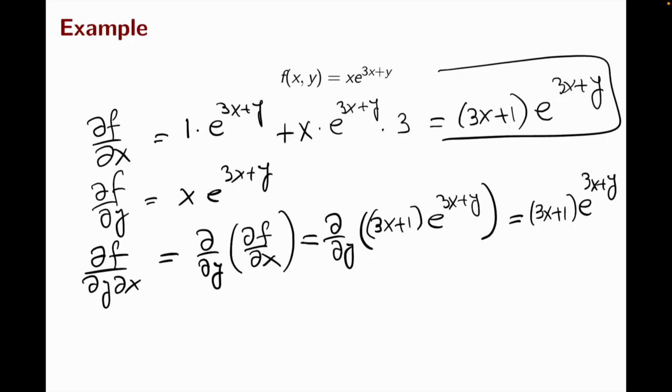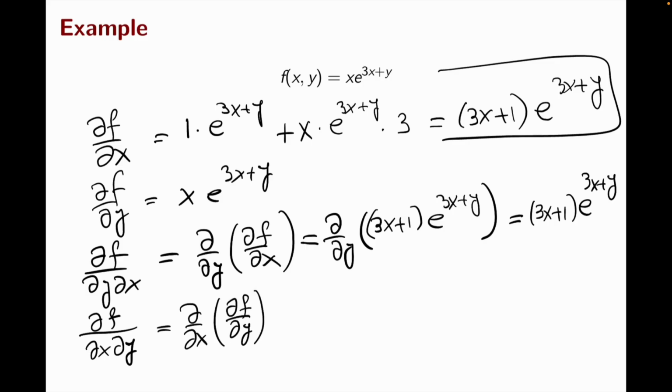Let's calculate the second derivative in the other order, the derivative of f with respect to x with respect to y. So this is going to be the derivative with respect to x of the derivative with respect to y, and the derivative with respect to y is this one. So we are going to write x e to the 3x plus y. And we are doing the derivative with respect to x, so this is going to be a product derivative here, right?